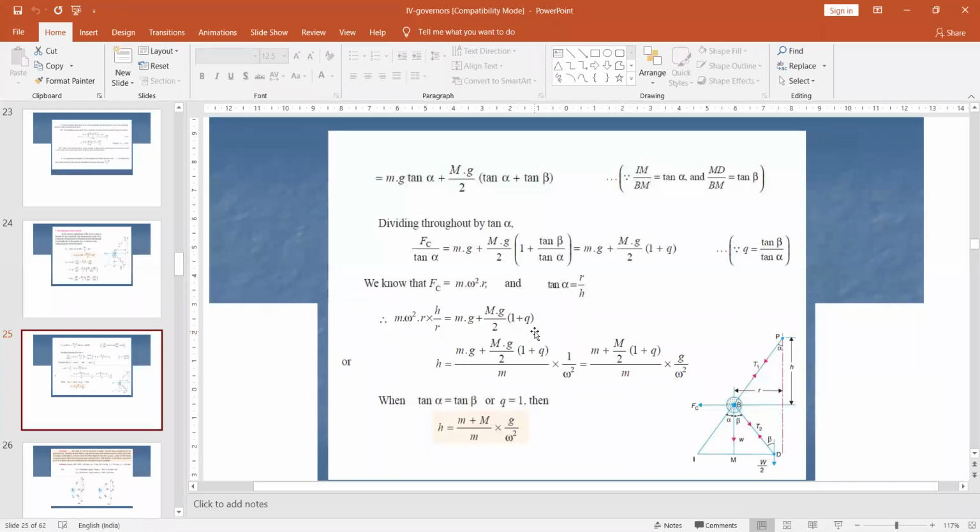Then cancelling the r here in our equation, we write h equals small mg plus capital Mg by 2 into 1 plus q, by small m, into 1 by omega square.